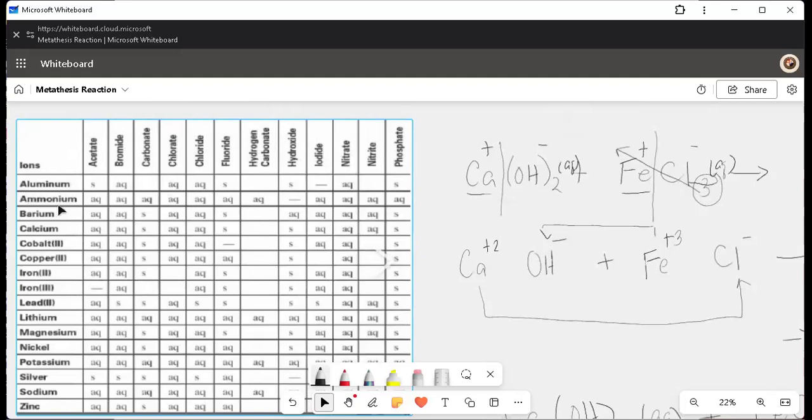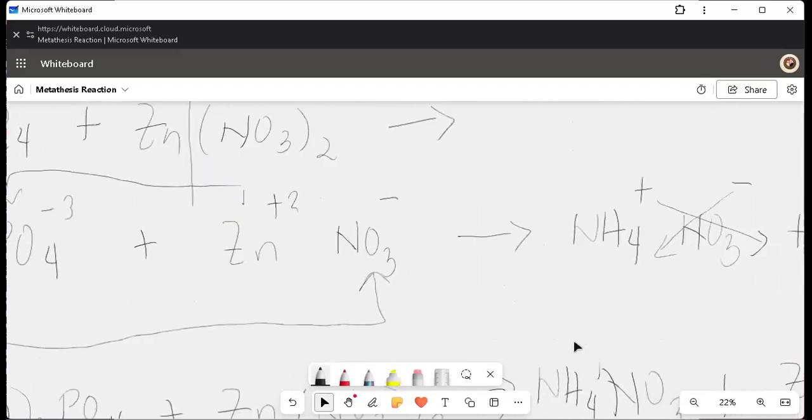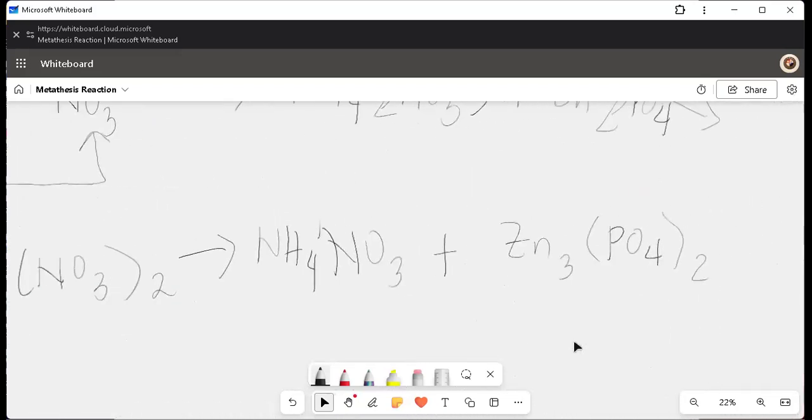Okay, so you have here ammonium, and the other one is the nitrate, this one. So you can see here that in the intersection, you have AQ. So the substance will mix with water or the solvent, AQ.